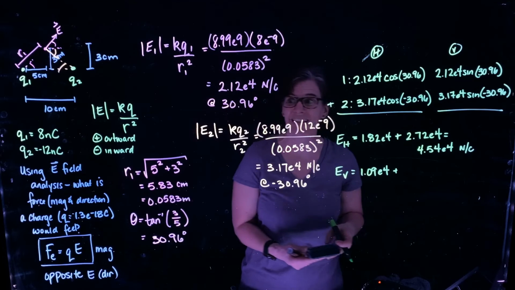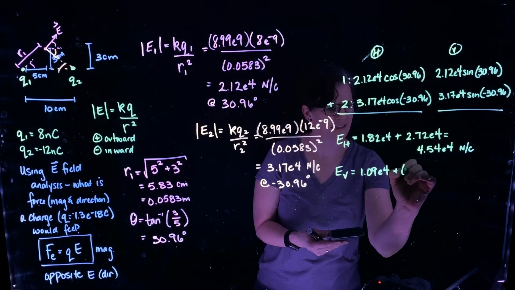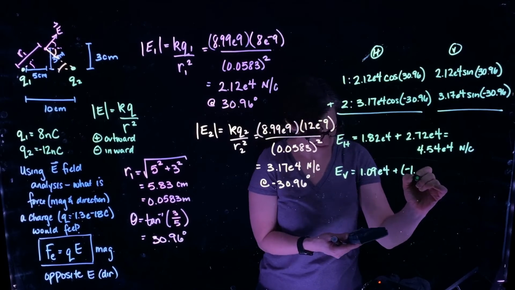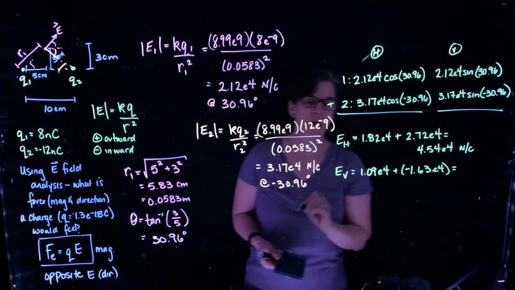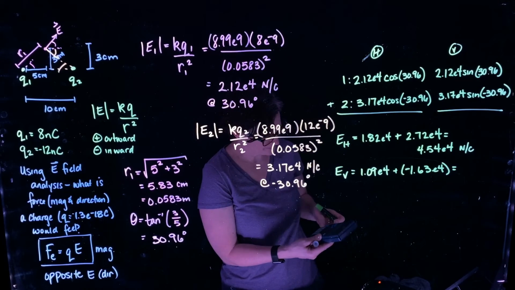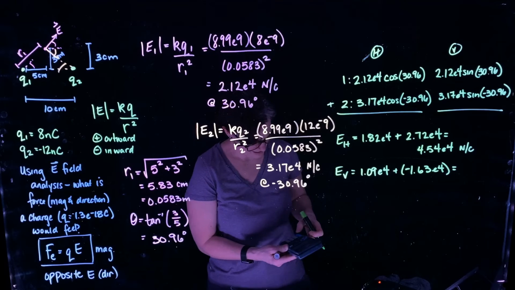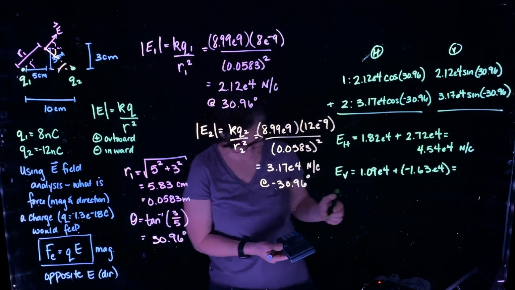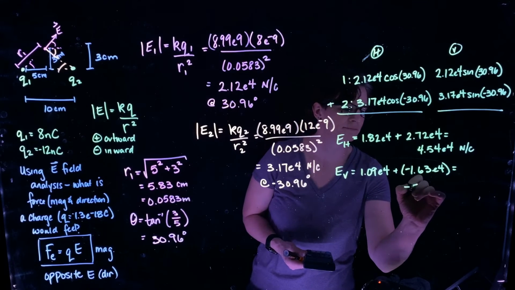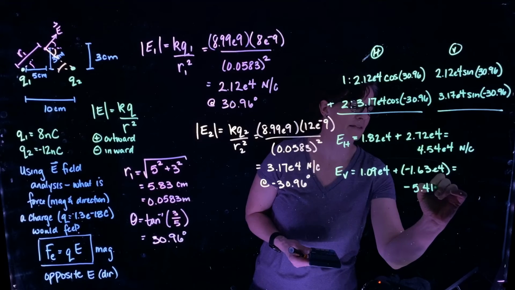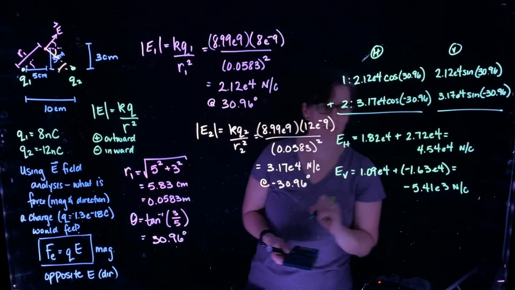And this should be a negative value because it's pointing down and to the right. Now we get a negative 1.63 times 10 to the fourth. And when I add those two together, plus 1.09 times 10 to the fourth, I get negative 5.41 times 10 to the third newtons per coulomb.